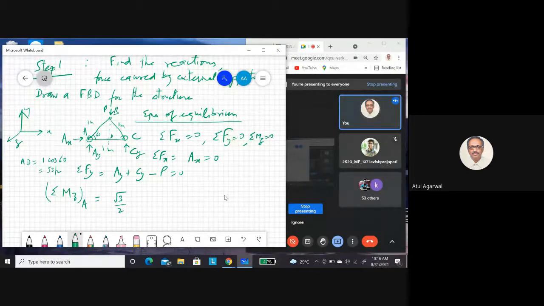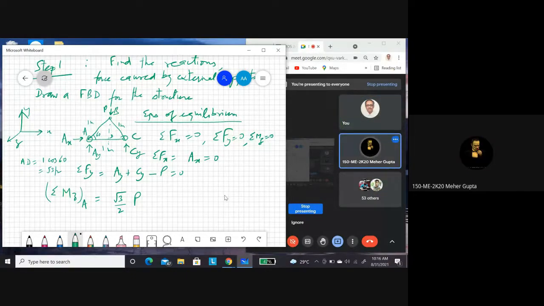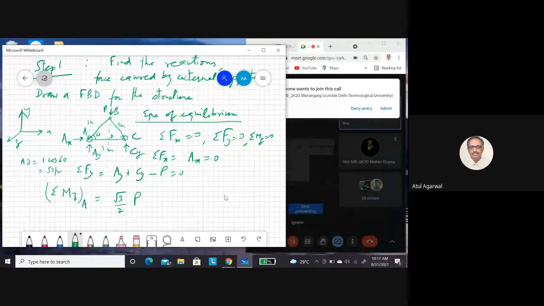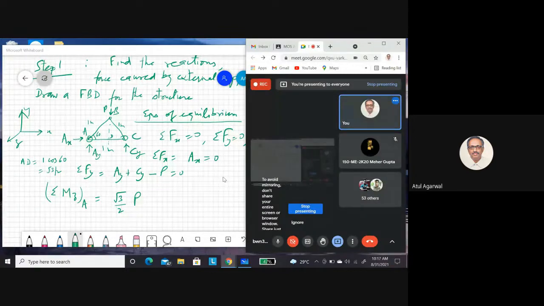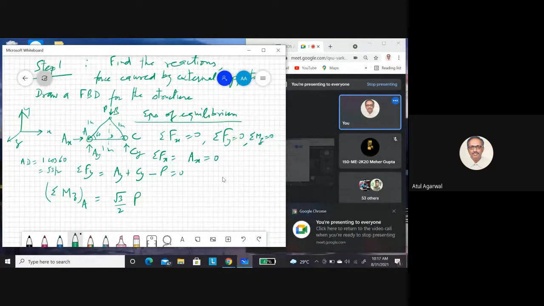And this force is P. Now you have to see what kind of twist it will cause about point A. It could be cos 60 twist, which is 1 by 2. Sorry, 1 by 2. You are right. So this is only half.